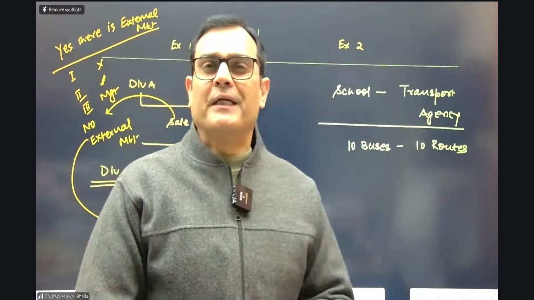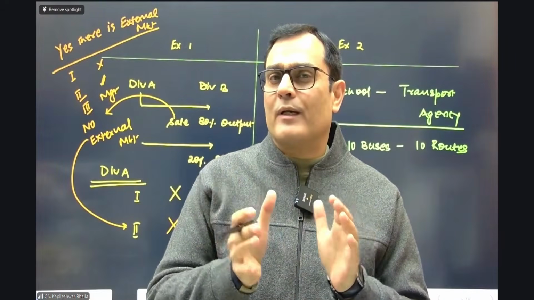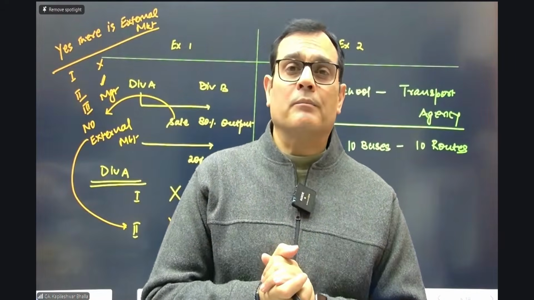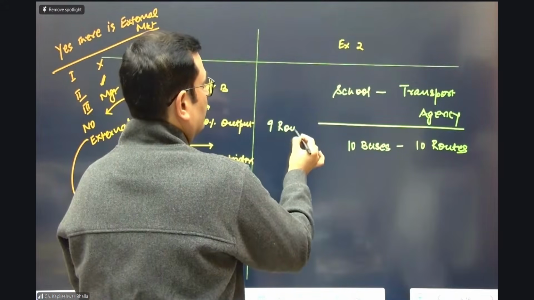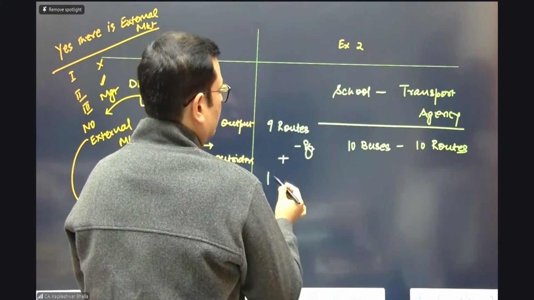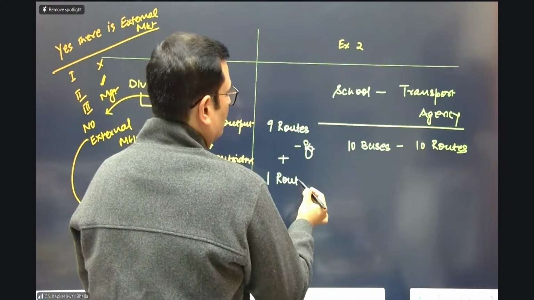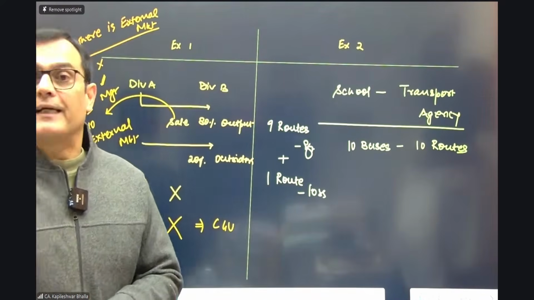When the school authorities gave this contract to the agency, they told them that there will be 9 routes giving a profit, and there will be 1 route which is going to give a loss. But the agency still accepted the contract.